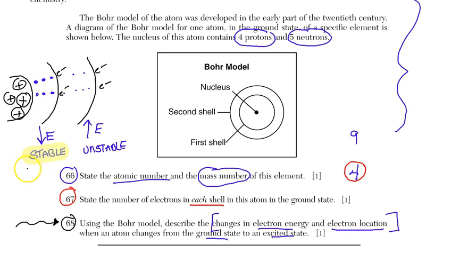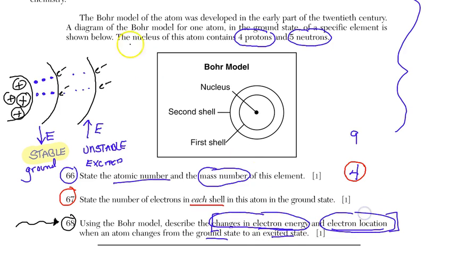So this is the ground state. It's another word for the most stable state. And we would say this is the excited state. Excited means you have the most energy. So remember, you've got to answer according to what they want, in terms of changes in electron energy and electron location.